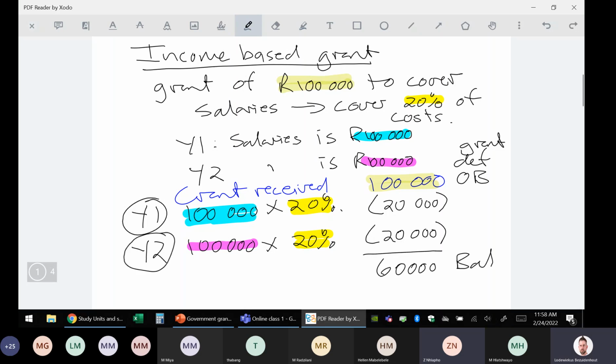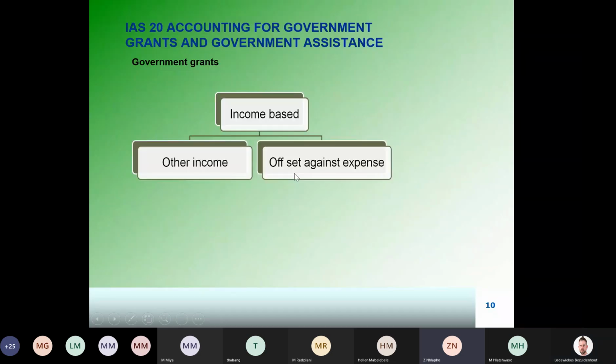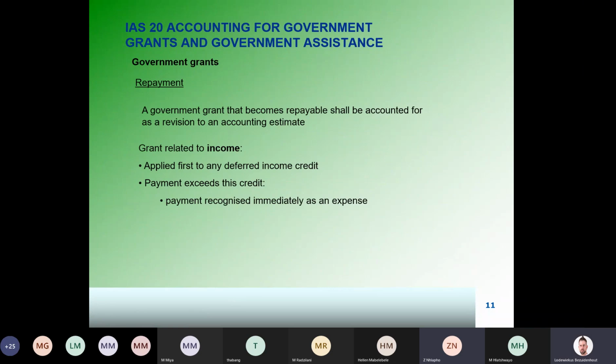And now the question will say, at the beginning of the third year, one of the conditions of the grant is not met anymore, and we have to repay the grant. The grant rule says when we have to repay, we have to first apply the repayment to the deferred income credit. And what is our credit? 60,000.